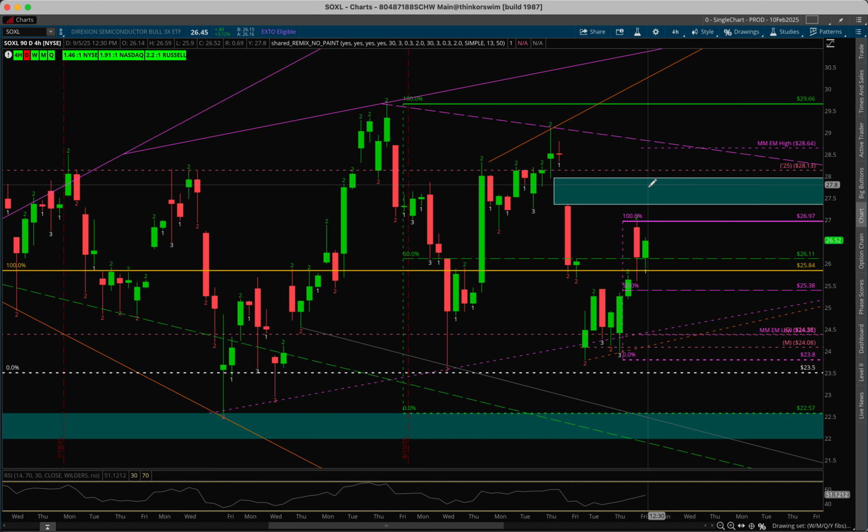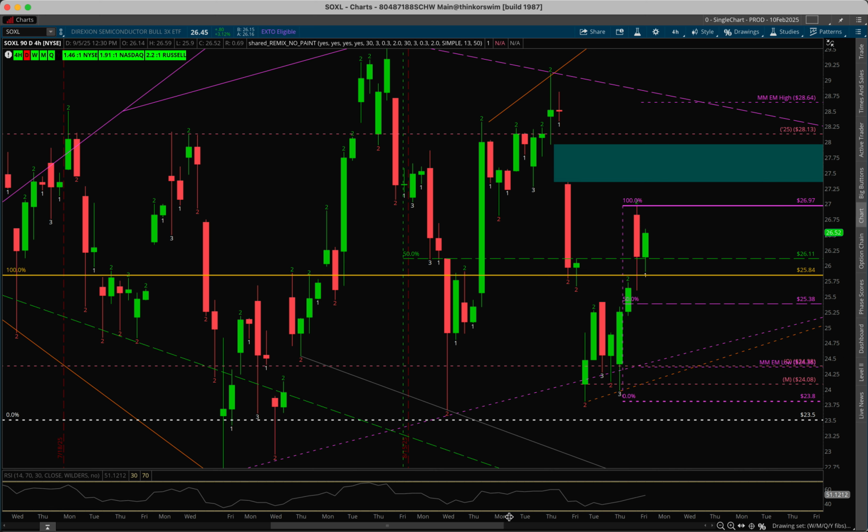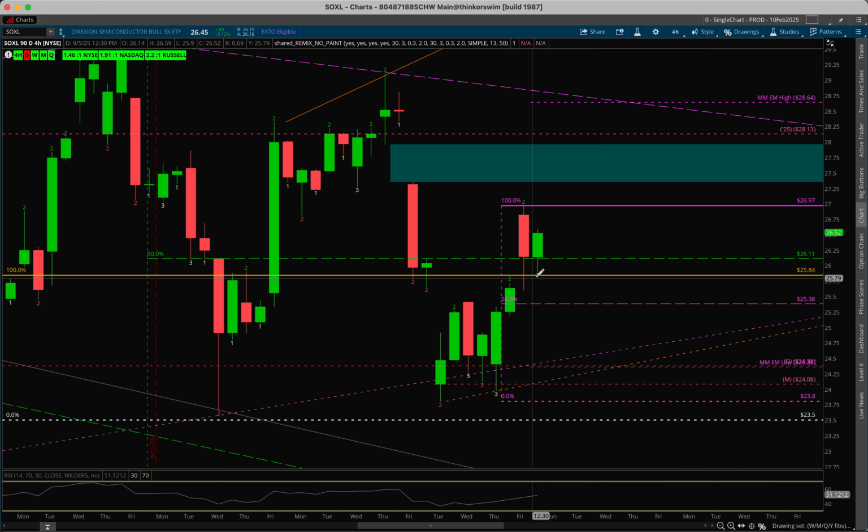We'll get into the gap fill and the year flip and things like that for the day triggers and targets. But from the 4-hour perspective, let me make this just a little bit bigger for everybody to see. We've got the trigger to the downside at the low of this candle, magnitude at the low of this candle, extended target at the low of this candle. To the upside, triggering at the high of this candle, targeting the high of this candle, extended target at the opening of this gap.